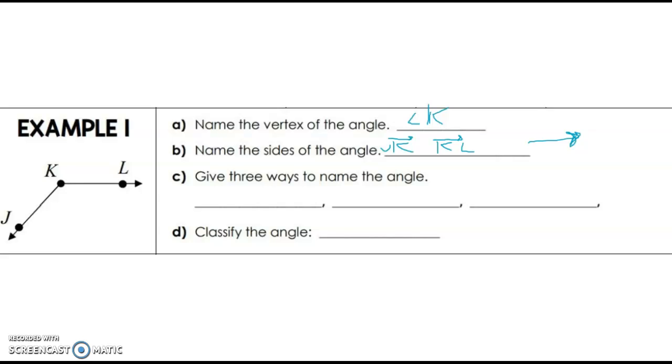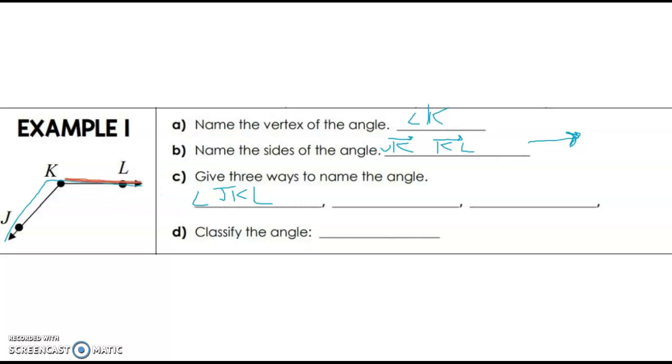Letter C says give three ways to name the angle. Typically, when we name an angle, we use all three letters, and we always keep our vertex in the center. So we can name this angle as angle JKL.